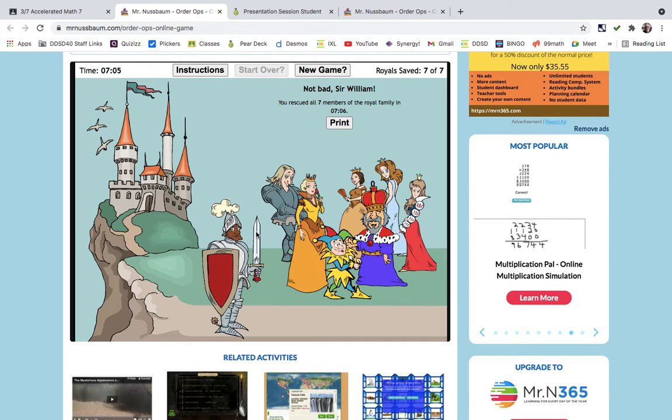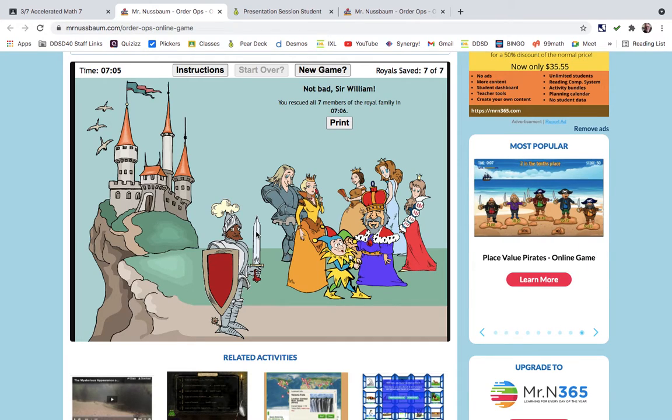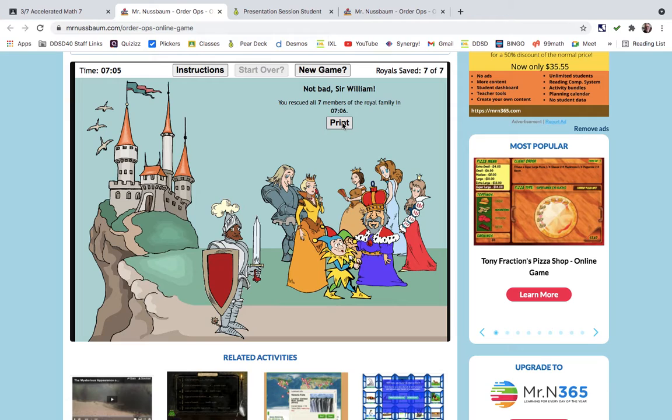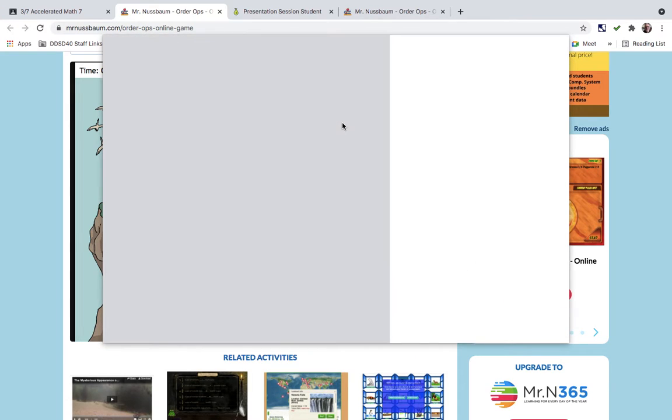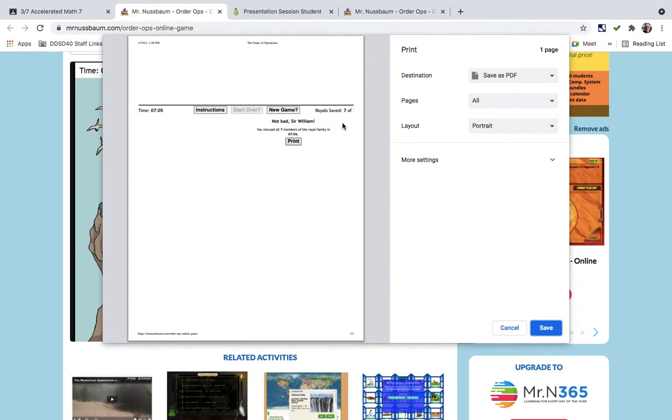So you've rescued all 7 members of the royal family and hit the print, and I want to see what it does. See if you have the ability to save this. It has the time, and it says you rescued all 7 members. If you get this far, see if you can save it onto your drive.